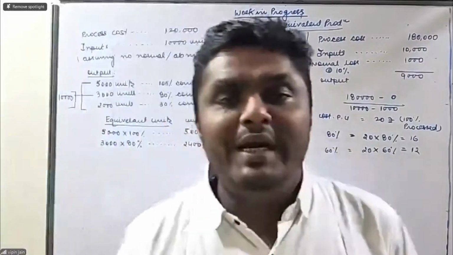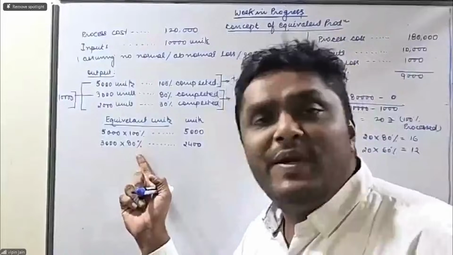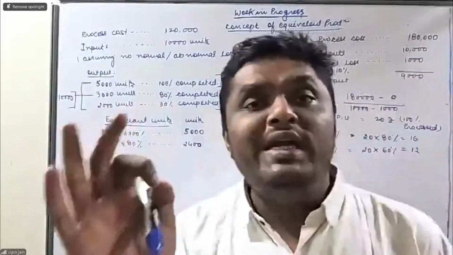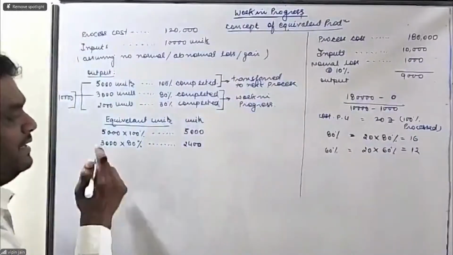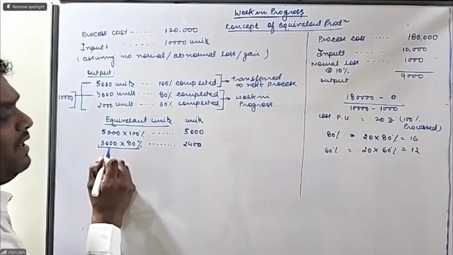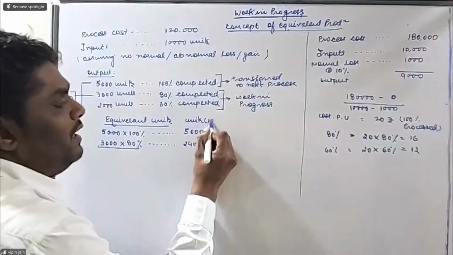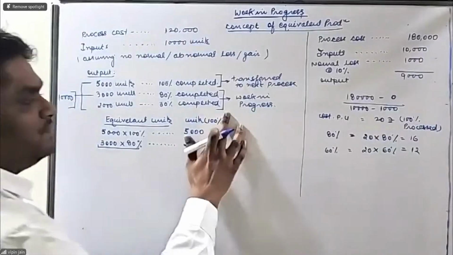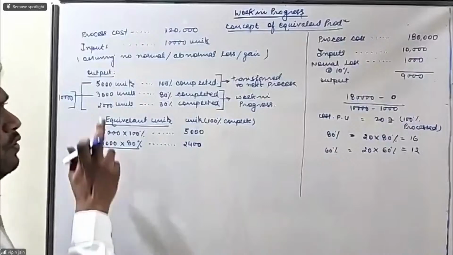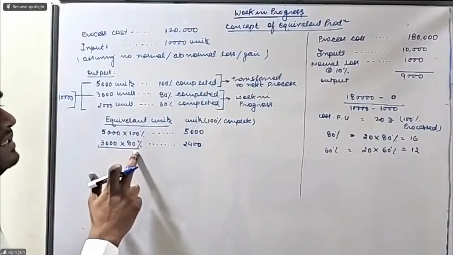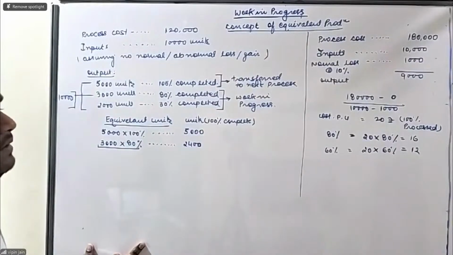So what is this 2,400 units? It says that the cost of 3,000 units that are 80% complete will be equal to 2,400 units that are 100% complete. I repeat, the cost of these 3,000 units that are 80% complete will be equal to 2,400 units that are 100% complete.